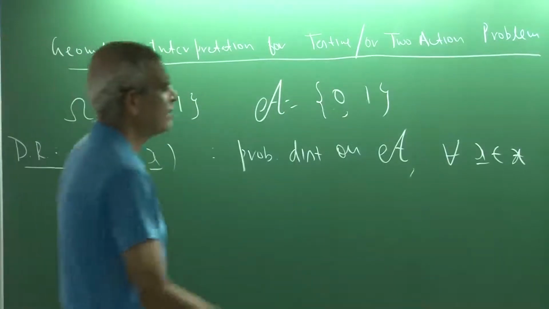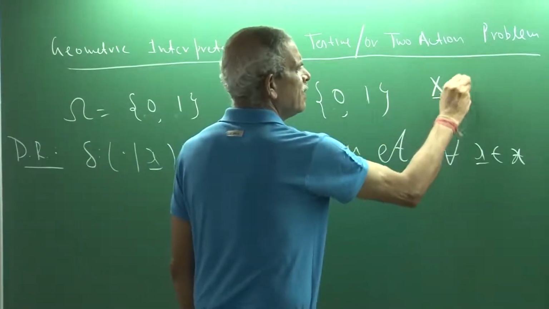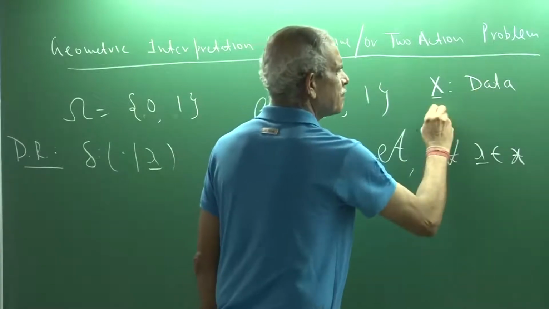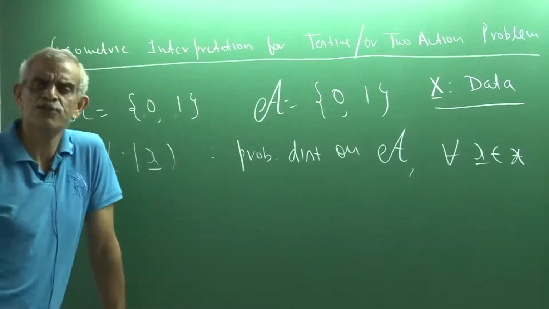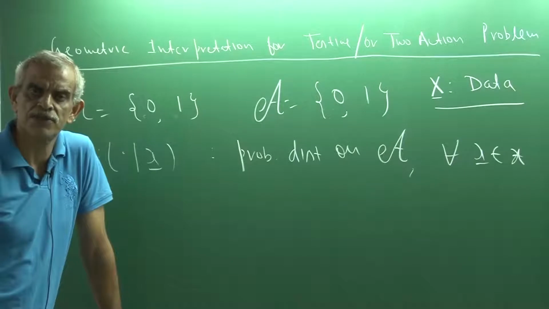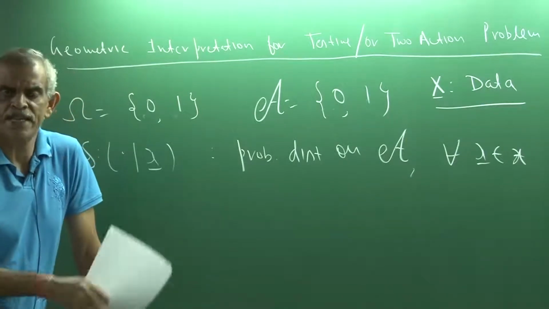Right? So what I assume is my data is x. That is given to us. I say that the decision rule for every observed data point is a probability distribution, which is basically a randomized decision rule.